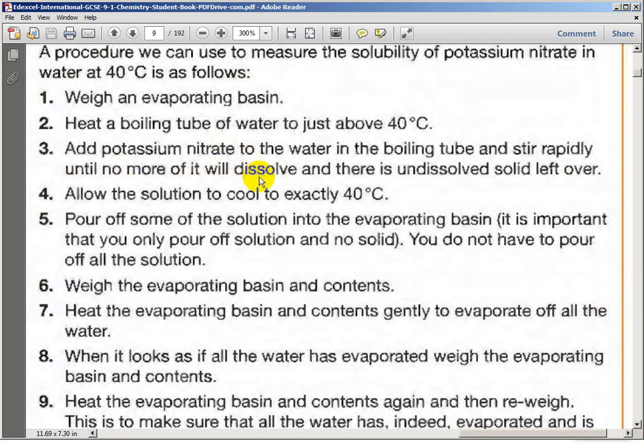Add potassium nitrate to the water in the boiling tube and stir rapidly until no more of it will dissolve. There is undissolved solid left over.